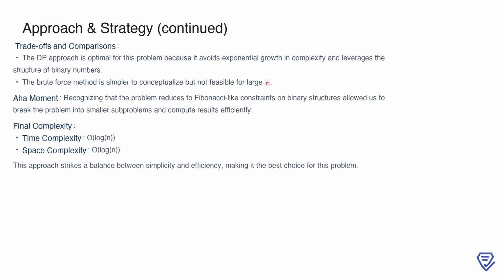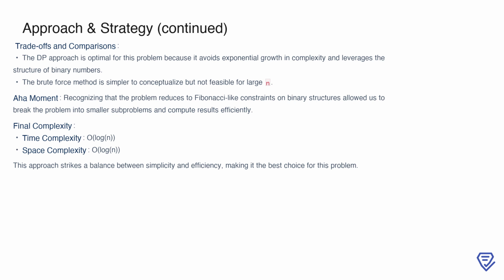In comparing the two strategies, we see that the dynamic programming approach is optimal for this problem. It avoids the inefficiencies of brute force by leveraging the Fibonacci-like properties of binary numbers without consecutive ones. The brute force method, while conceptually simpler, is not feasible for large values of n due to its high time complexity.